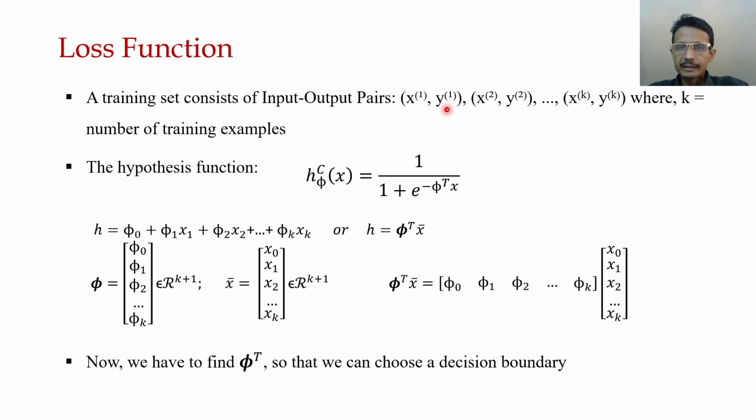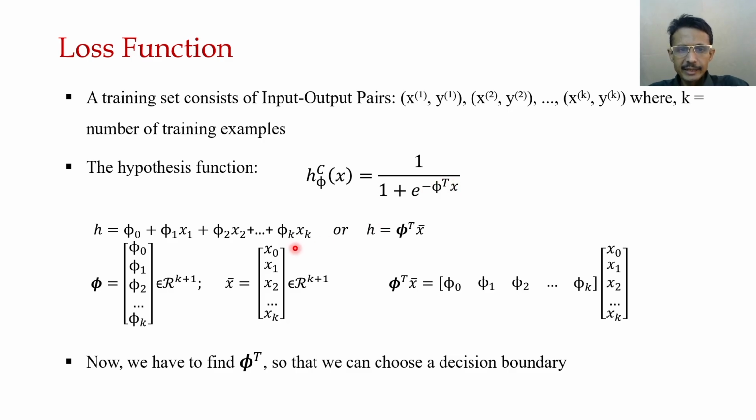This is a pair: x1 is a data instance and y1 is the label. So this is paired data. And k is the total number of training examples. What is our hypothesis function? That means what is our decision boundary? That is h phi of x, which is 1 by 1 plus e to the power minus phi transpose x. That is basically we put a sigmoidal nonlinearity over phi transpose x.